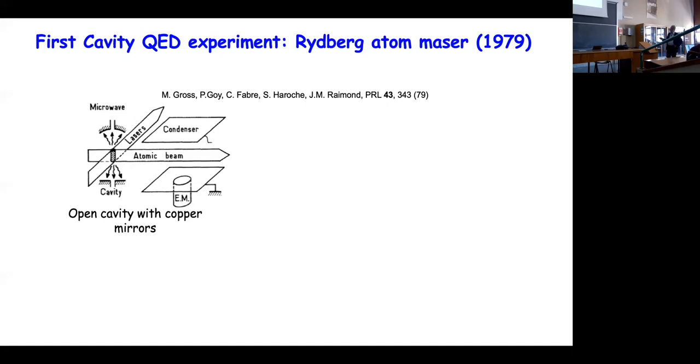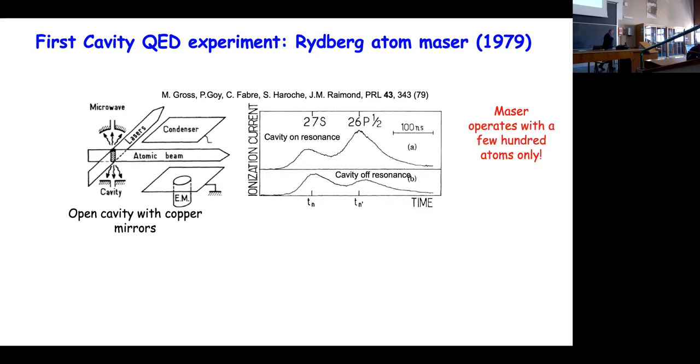And after the atom had drifted out, we had a condenser, 2 plates here, and we applied an electric field, a ramp of electric field to detect the atom. And we had here an electron multiplier, which counted the atoms which were detected in level E or in level G. So we did this experiment with different microwaves, and we made a lot of experiments.